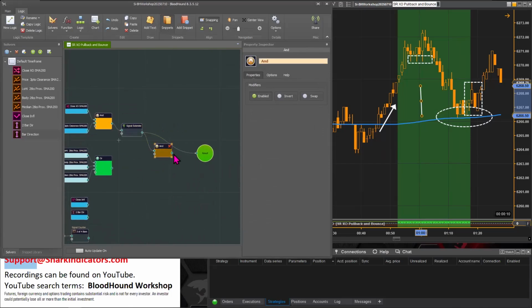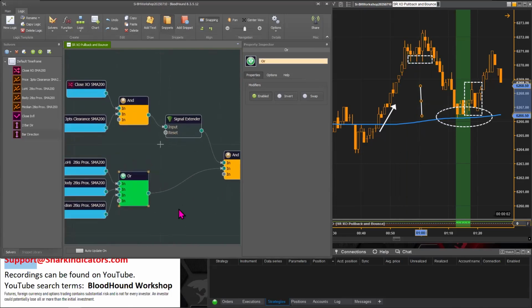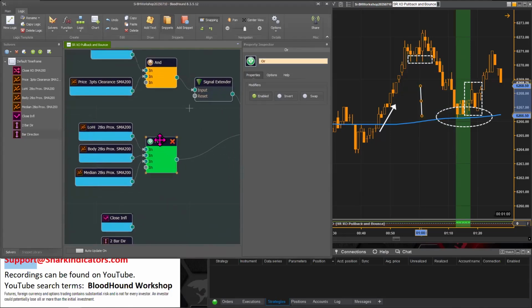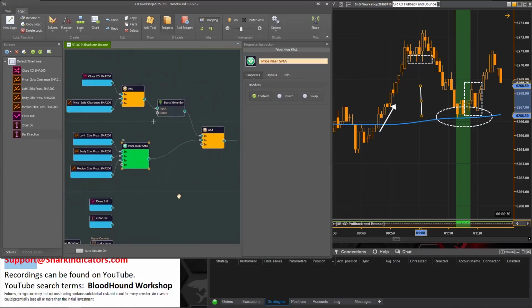Let's connect that into the AND node, and then let's connect this in. I'm going to name this node here so we kind of know what it's outputting. So it's giving us an output when price is near the SMA.